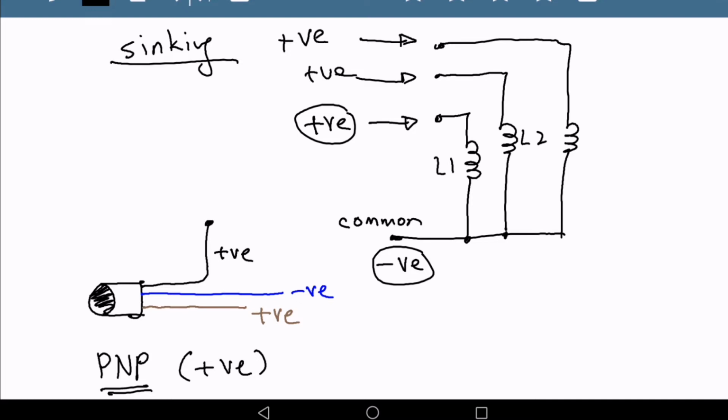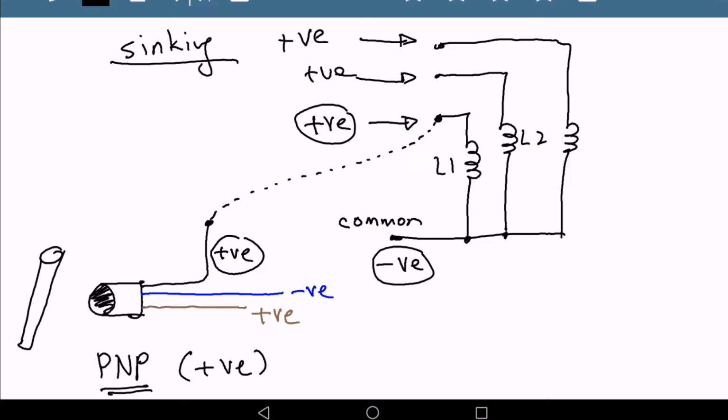So how to do this? It's the same thing, the same connection. Now you just link it to your input, just like that. So when this PNP sensor detects a metallic object, if it is an inductive sensor, it will send positive to your input module.